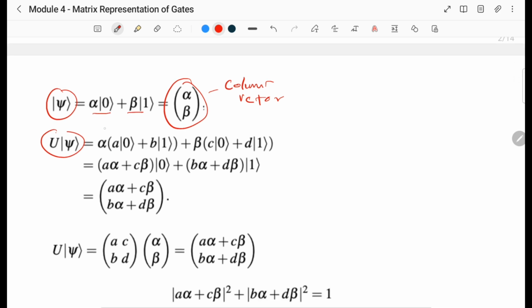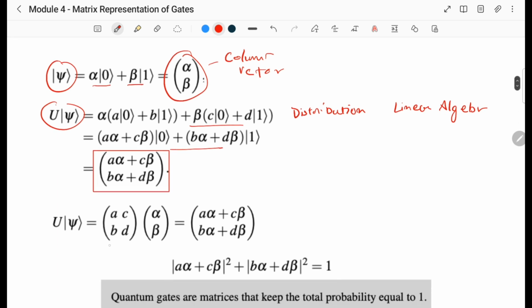This is just distribution here, because we are dealing with linear algebra, so all the rules apply. You can follow through this notation very easily, and we obtain this as our final state.